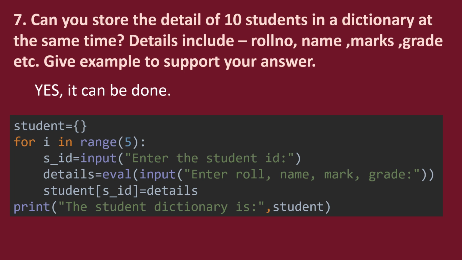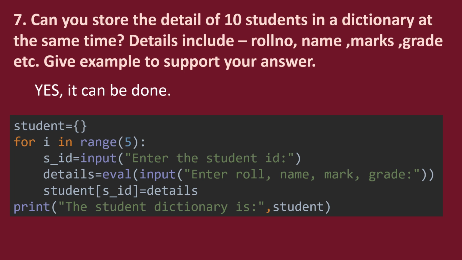So, first of all, let's create a dictionary student. Now, we have to just enter the values in this dictionary. So for i in range 5, I have taken here 5, you can take 10 actually. As per the question, you have to put 10 students' details. Now here I have taken one more variable s_id, which is actually the student id that will act as a key, and the details will be the values.